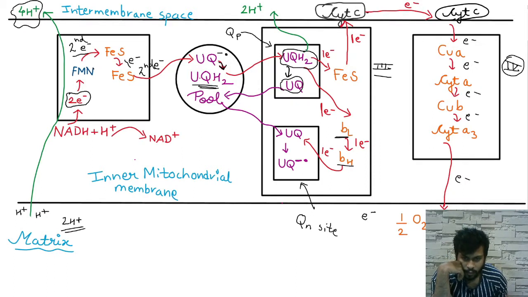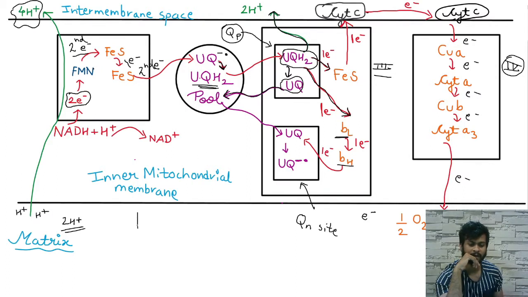So from UQH2, 2 hydrogens will be released in the intermembrane space. And this first electron and this second electron are getting released, due to which it will be converted into oxidized state, that is ubiquinone or UQ. UQ will again enter the pool. So after UQ enters its pool, this QP site will be vacant.